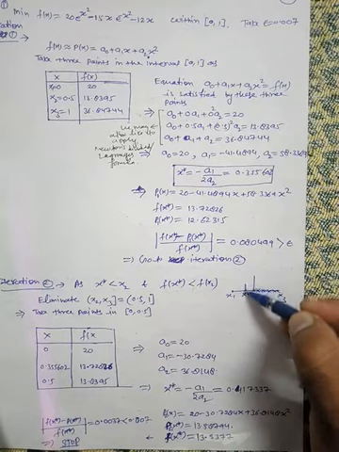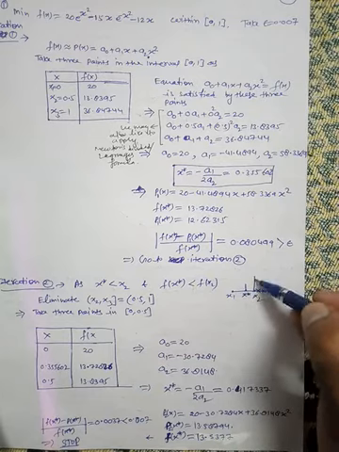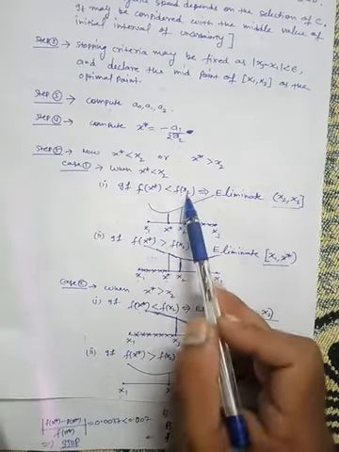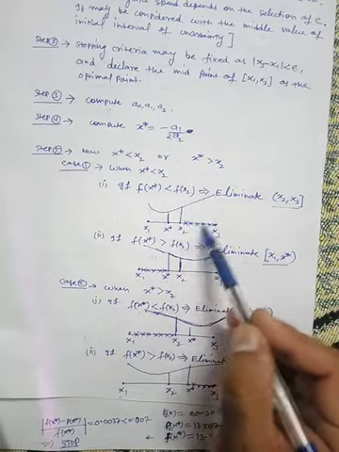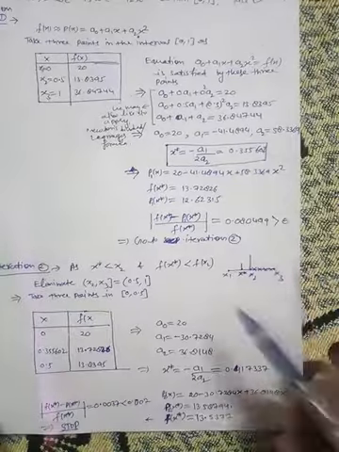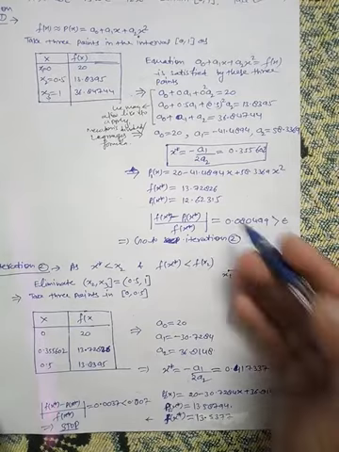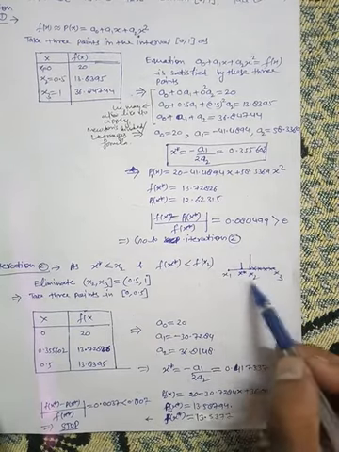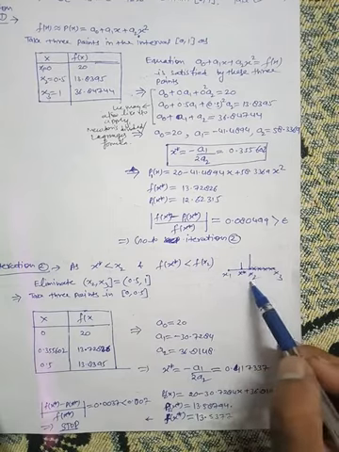So based on this case, we can eliminate this interval, that means x2 to x3. So here we can eliminate x2 to x3, and for the next iteration we can select x1 to x2 as the new interval of uncertainty.